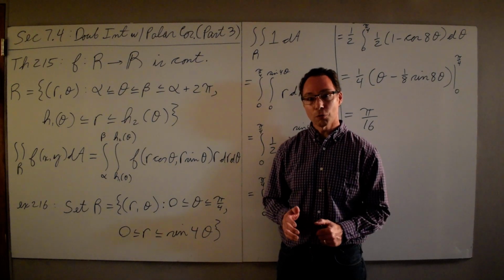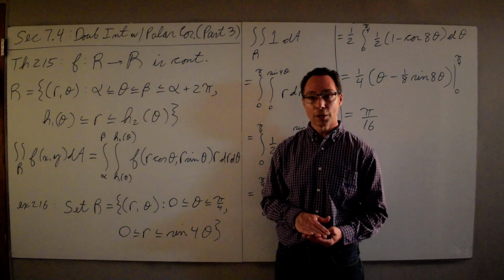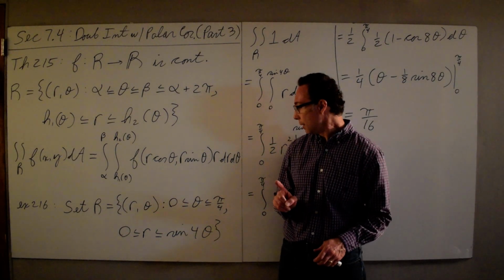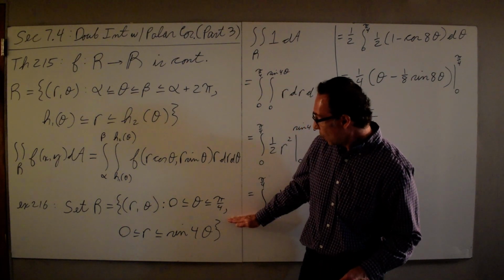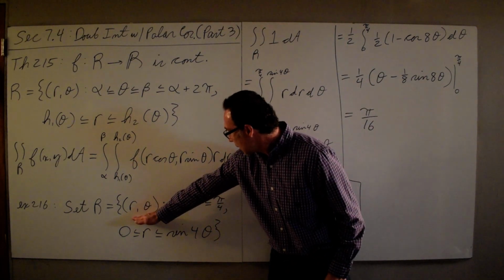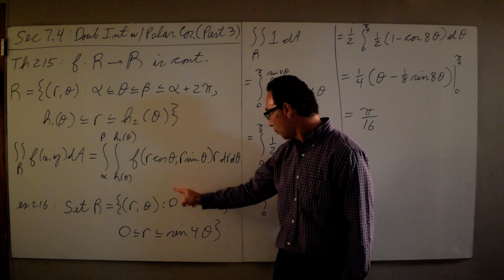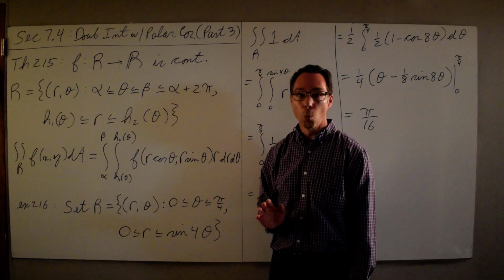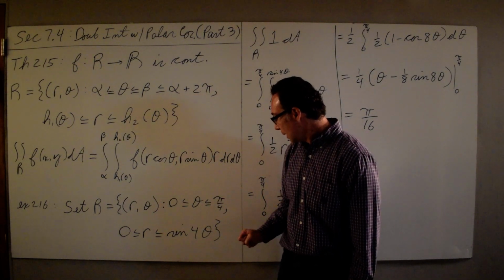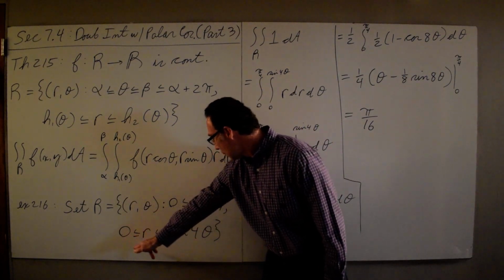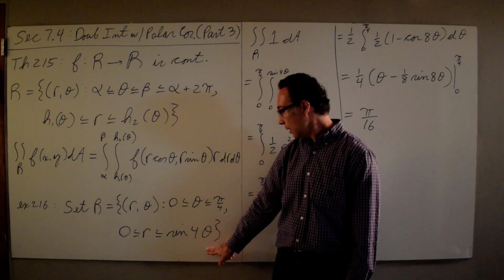And so we're going to calculate the area by calculating a volume. We're going to calculate the volume with a double integral, but the function that we're going to integrate is simply the constant function 1. So the region we're looking at is the set of points r, theta, where theta is between 0 and pi over 4, because we're only looking at one leaf of the rose, and r goes from 0 to this function of theta, sine of 4 theta.